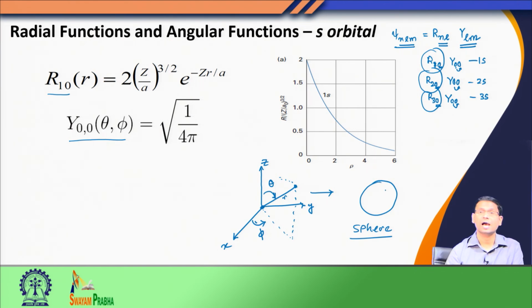So, therefore, we will get a spherical shape for the s orbitals, whether it is 1s, 2s, 3s, it does not matter; as long as it is an s, it will have a spherical shape. But how do we distinguish 1s and 2s? We will discuss that in a moment's time, but for any s type of orbital, the shape of the function is spherical.